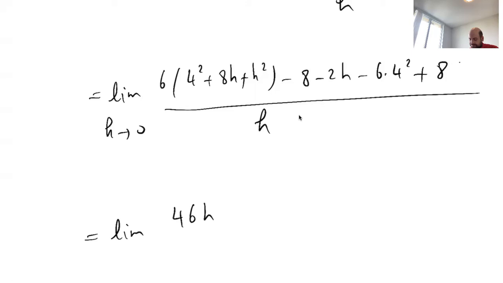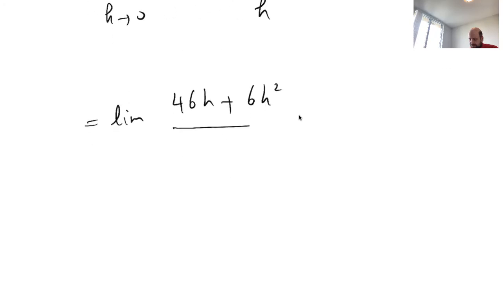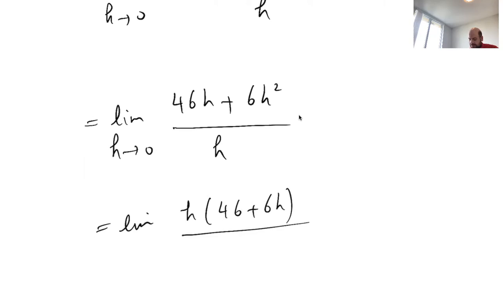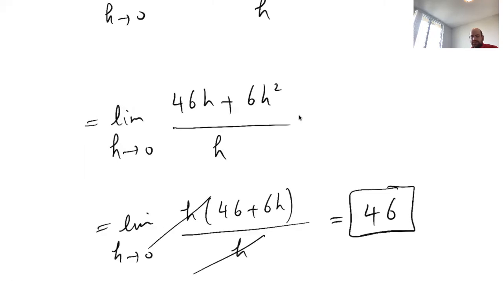And then we'll have 6h squared, and then divided by h. And then this is the limit of h times 46 plus 6h, divided by h, as h approaches 0. And the answer is 46, because h cancels with h, and the limit of 6h will be 0 as h approaches 0, and then we will be left with 46.